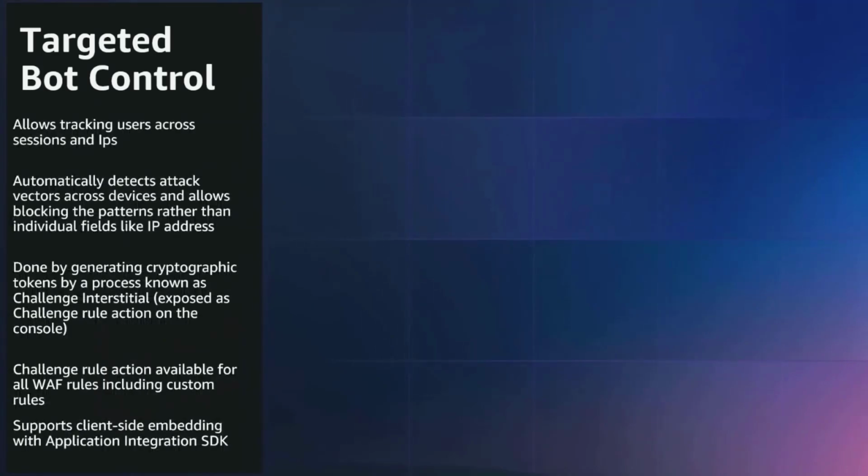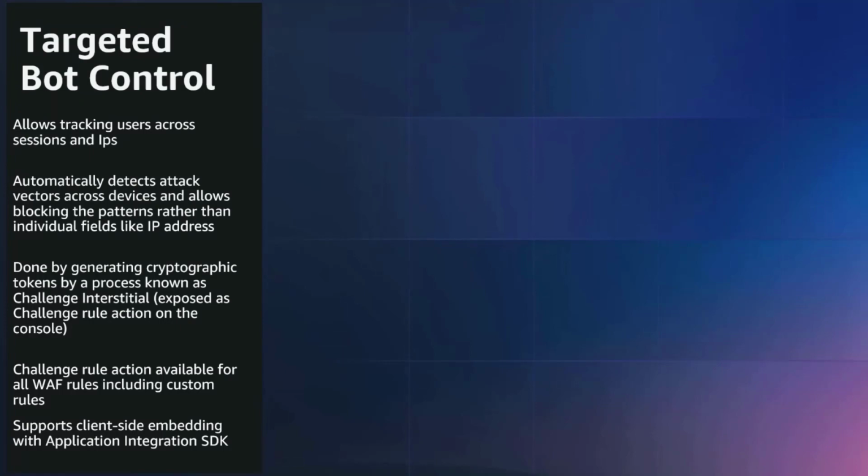Moving on, the targeted bot control includes the common level protections that we saw previously and also adds additional detections for advanced bots. Targeted protections use advanced detection techniques such as browser interrogation, fingerprinting, behavior heuristics, machine learning, baselining, and all the other additional things to identify this kind of bad bot traffic.